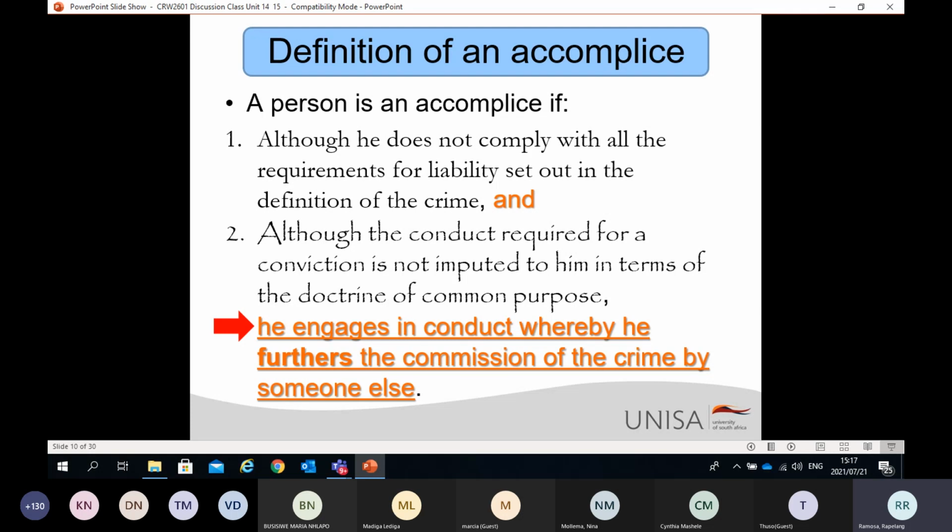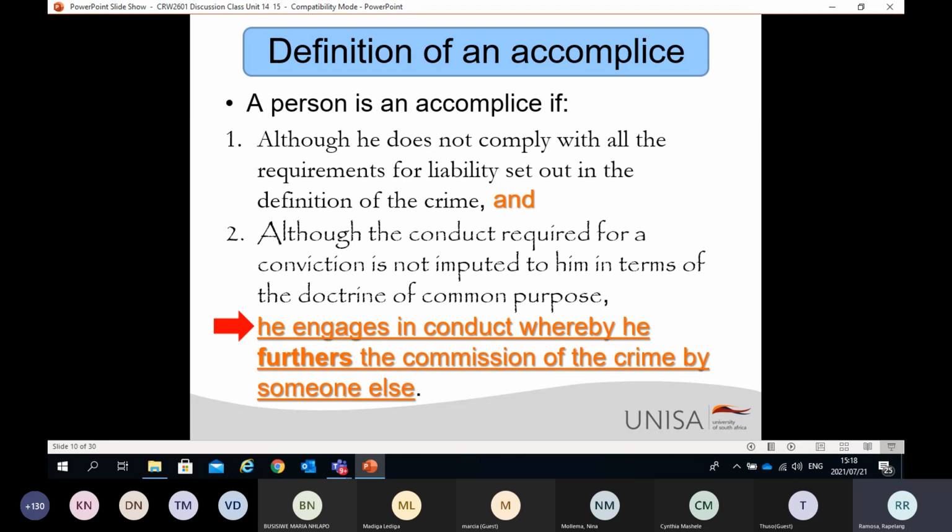So to make sure that you know the definition of accomplice, you have to make sure that you are clear as to how you identify a perpetrator. Once you exclude who a perpetrator is, then you are able to say that that person engaged in conduct whereby they nevertheless furthered the commission of the crime by someone else, then that person is an accomplice.